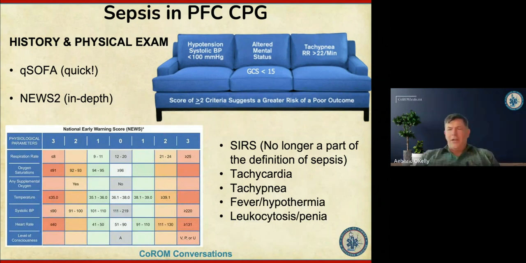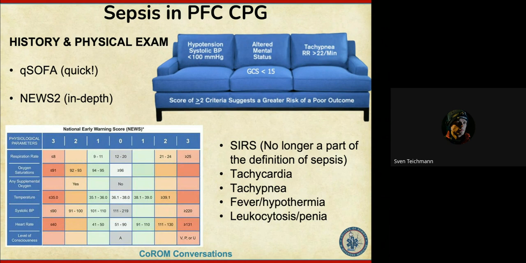I think Sven had a question first. Okay. No, I just had a quick comment on the AVPU. We use the NEWS score on a daily basis, and we translated it to the GCS, which is basically 15 is 0 points and everything else gets 3 points.